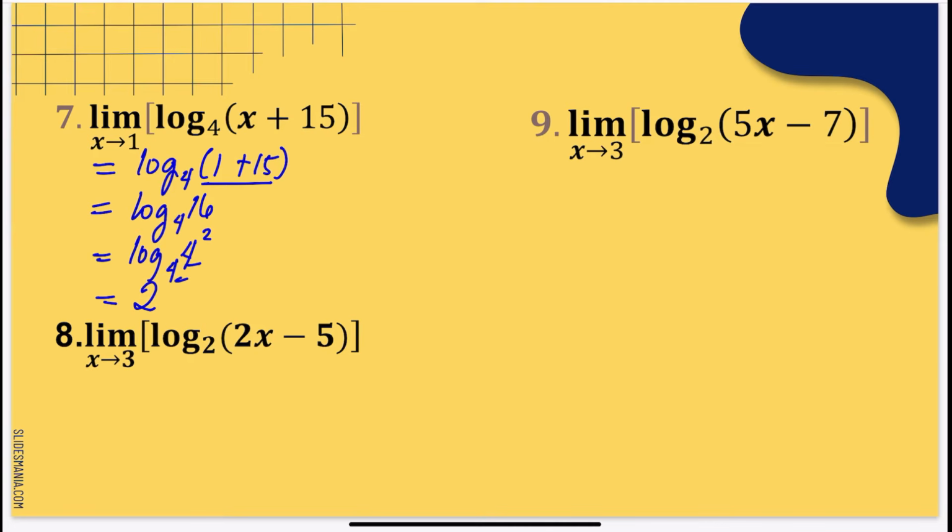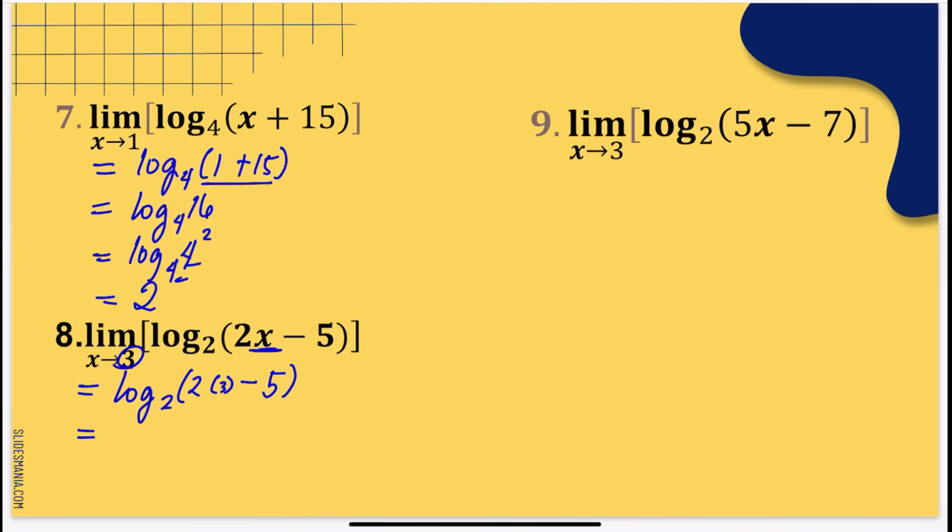Number 8 example. The limit of the logarithm of 2x minus 5 to the base of 2, where x approaches 3. This will become the logarithm of 2 times 3 minus 5 to the base of 2. So x will become 3.